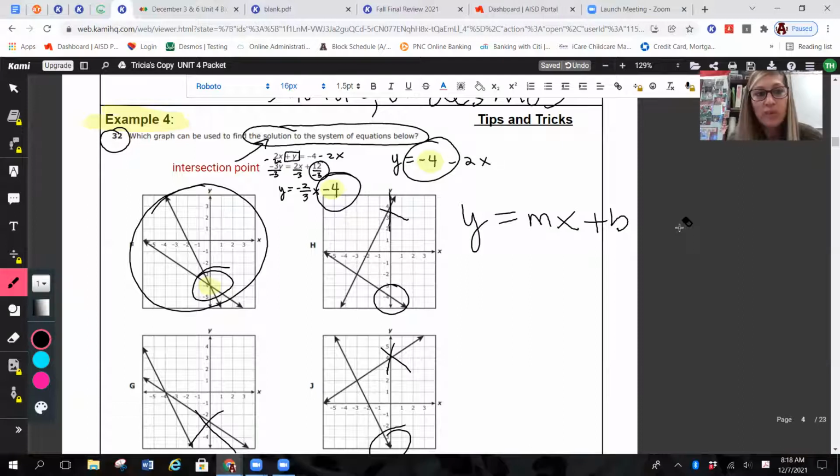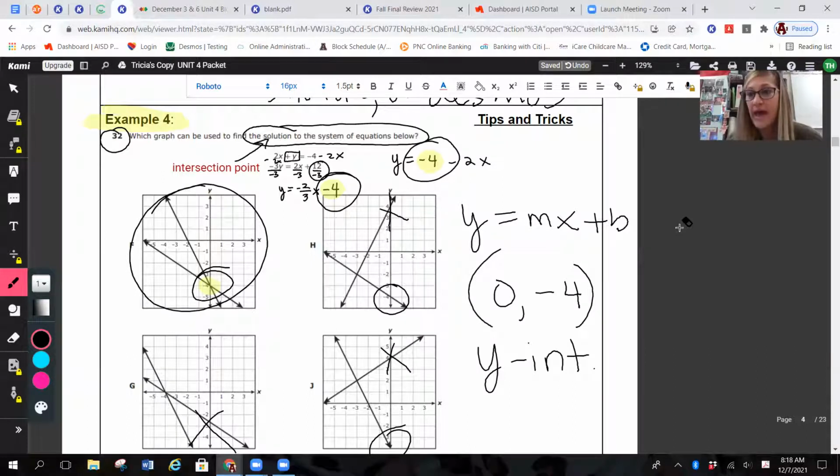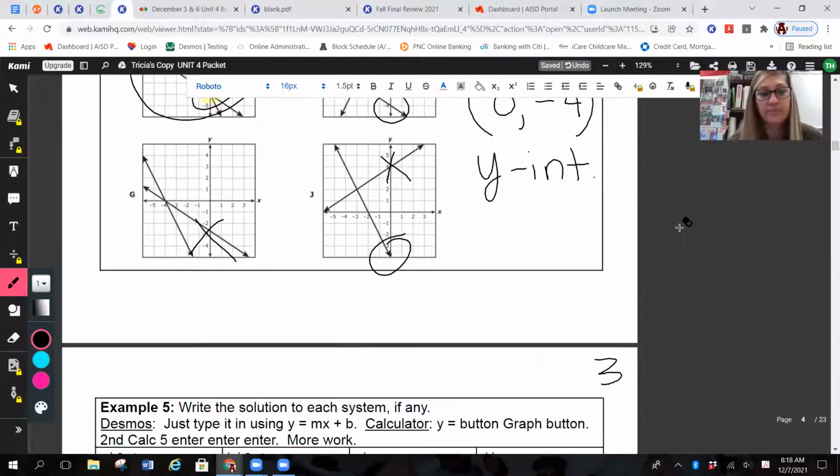So which graph can be used? Graph F, and they intersect at 0, -4, which happens to be the y-intercept. This is an unusual example where a system intersects at the y-intercept.